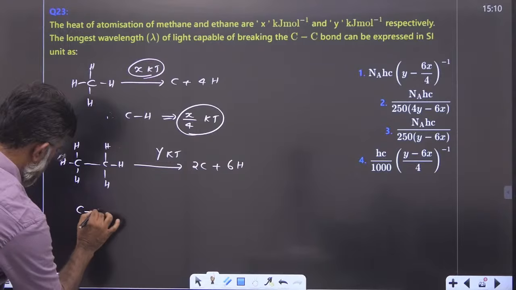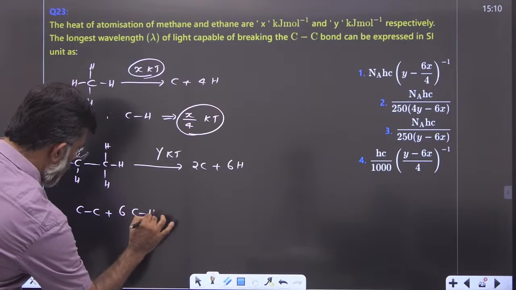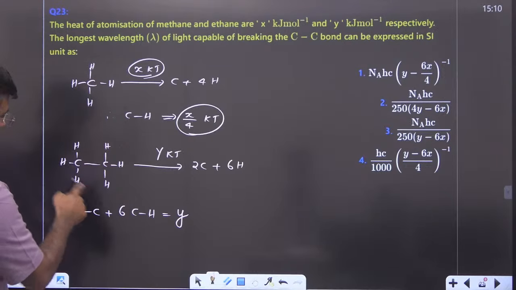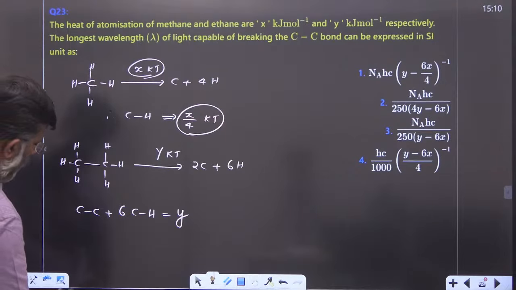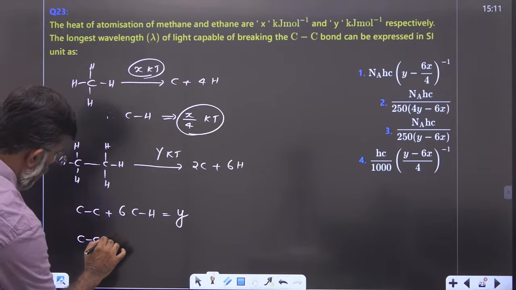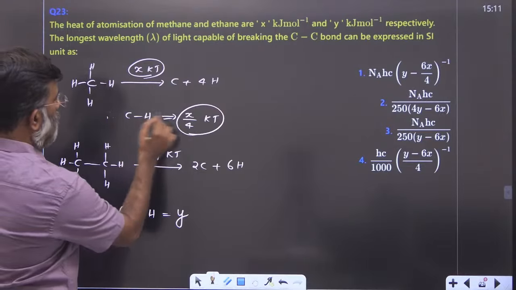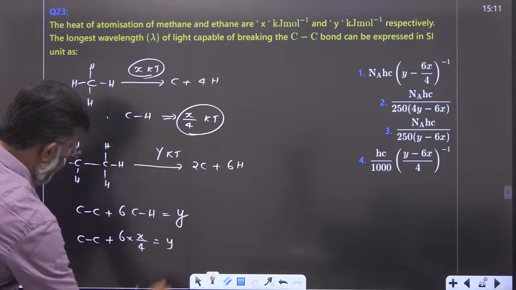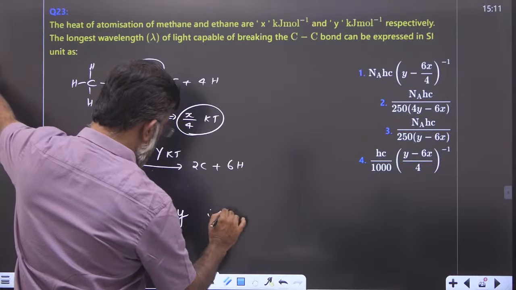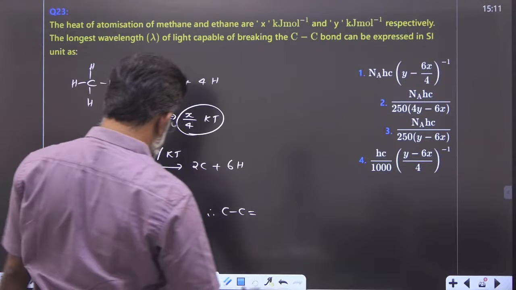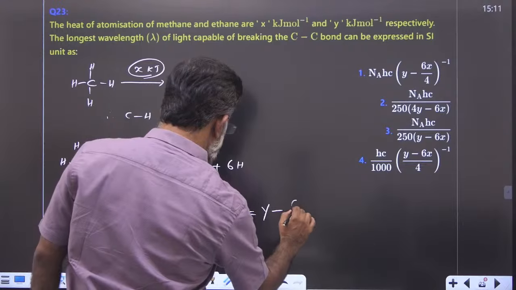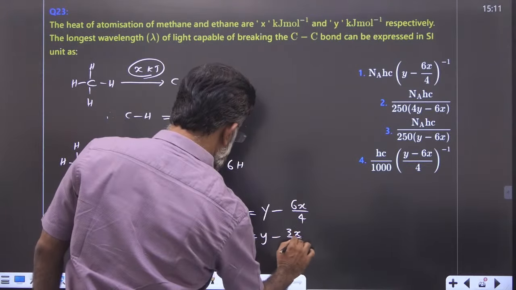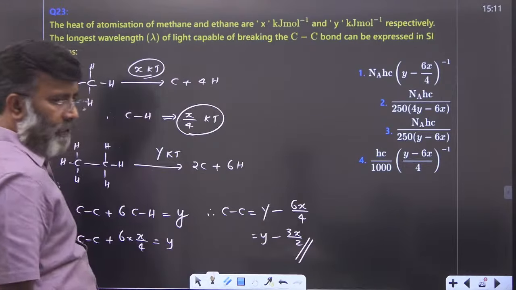That means a CC bond and 6 CH bonds equal to y kilojoule. Therefore, CC bond plus 6 into x by 4 equal to y. Therefore, CC bond equal to y minus 6x by 4, that is y minus 3x by 2. That is the CC bond.